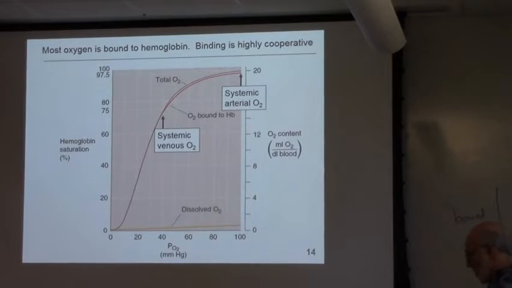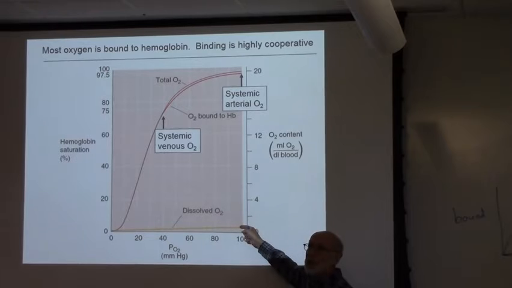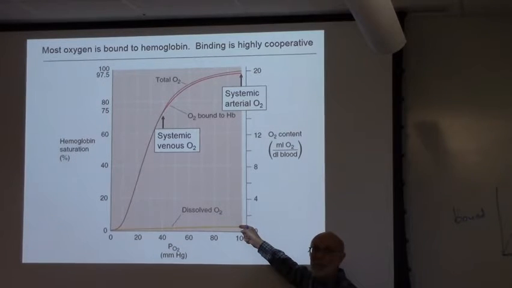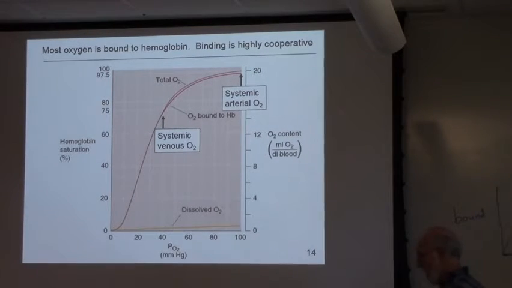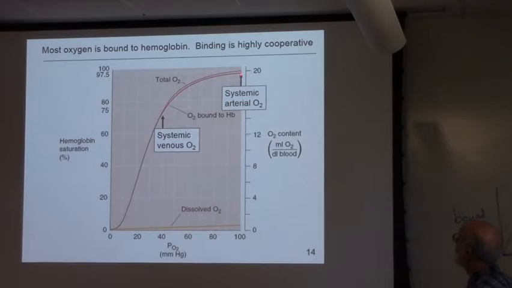So now, some oxygen is just dissolved in plasma. Oxygen dissolves in plasma just like pretty much any other gas. But very little of the oxygen that is being carried by your blood is being carried as dissolved oxygen. 90-something percent of it is carried as bound oxygen, bound to hemoglobin.